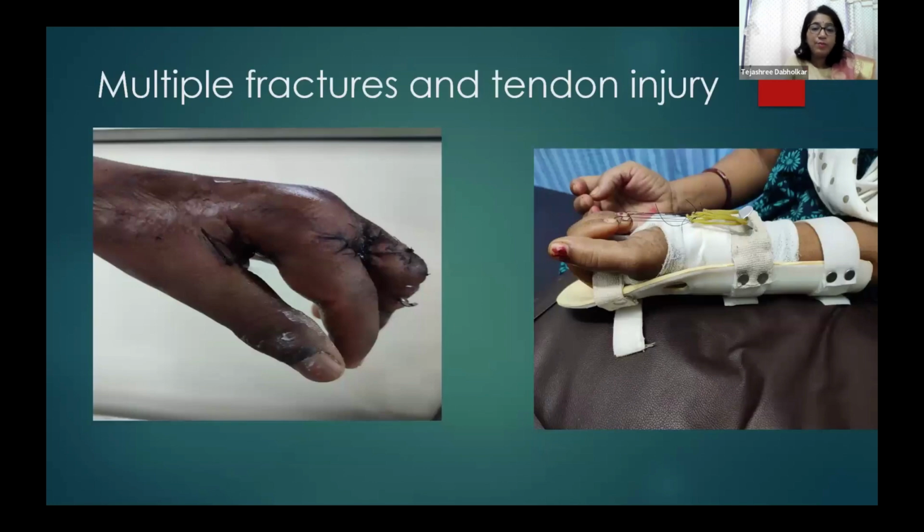When a patient with multiple fractures and tendon injuries comes, it again becomes difficult. So these two cases took a lot of our time because mobility improved, functions improved, but the patient with the tendon injury was having tremendous pain. And when the tendon continuity was still there, the patient was still reporting that there is something breaking inside.